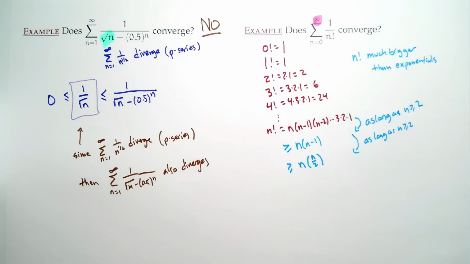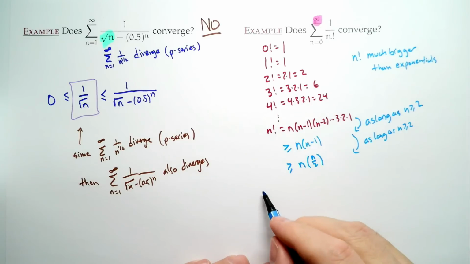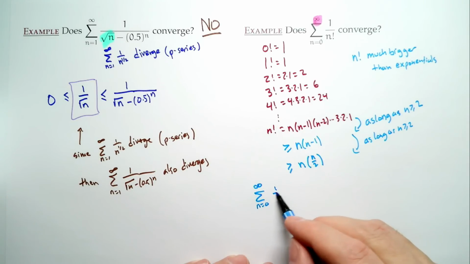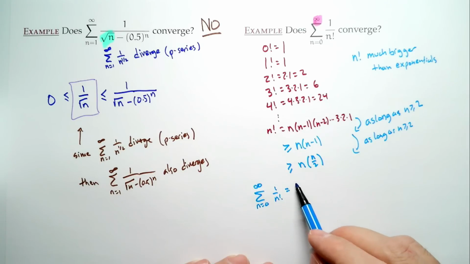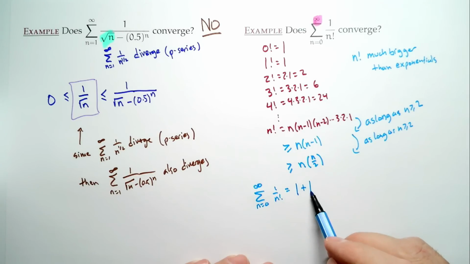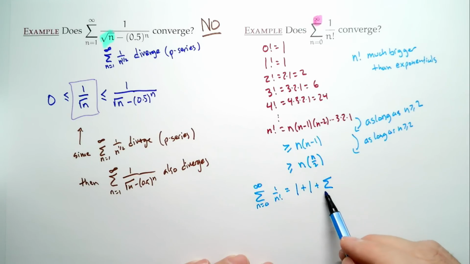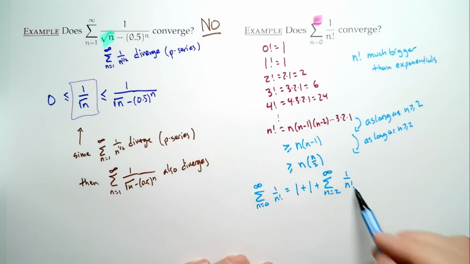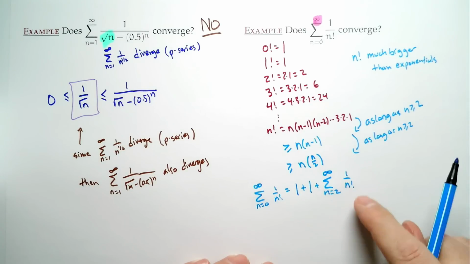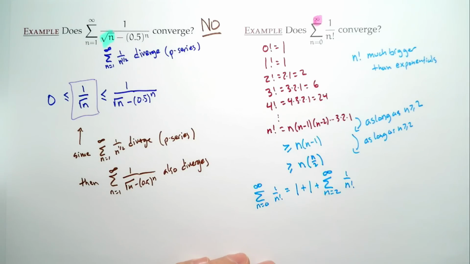So, what can we say? Well, we can say the sum from n equals 0 to infinity of 1 over n factorial is going to be 1 over 0 factorial, which is 1, plus 1 over 1 factorial, which is 1, plus the sum from n equals 2 to infinity of 1 over n factorial. And now the comparison test really is saying, let's just look at the sum.